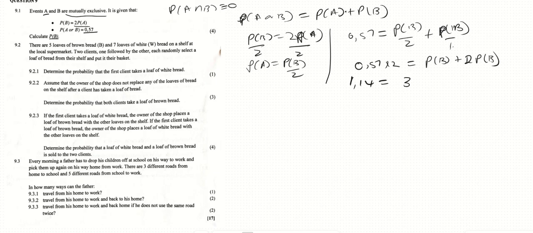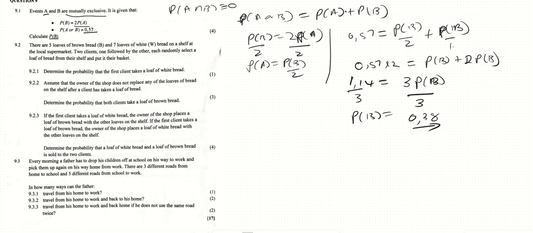It is equal to 3 probability of B. So we divide both sides by 3. So probability of B in this case is equal to 0.38.